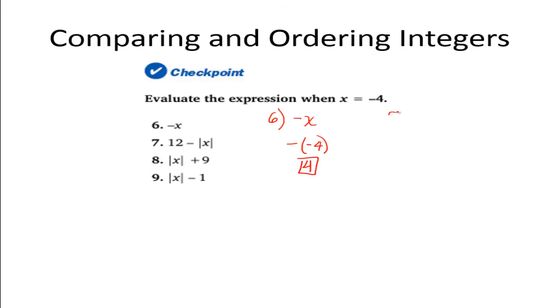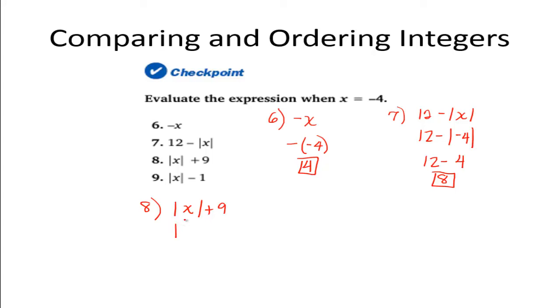For number 7, 12 minus the absolute value of x. 12, we substitute absolute value of x, which is -4. We solve the absolute value for -4, which is 4, and 12 minus 4 is 8. For number 8, the absolute value of x plus 9.